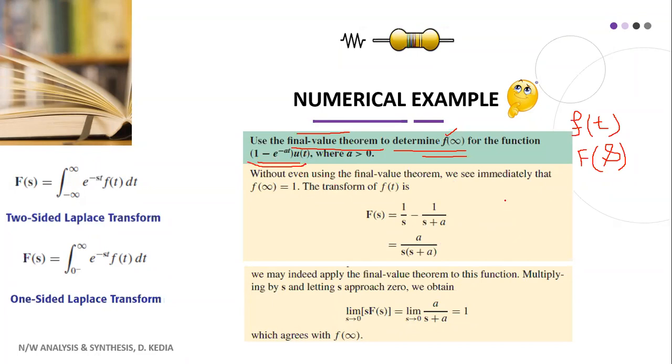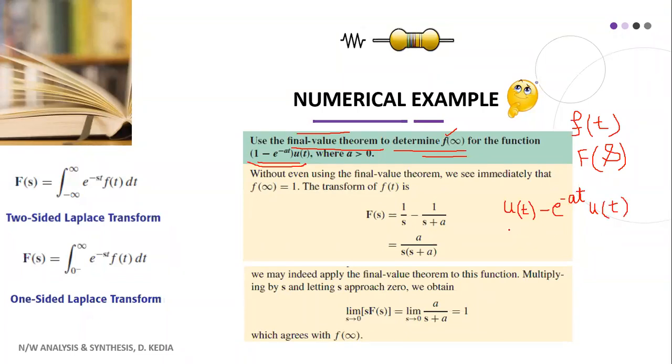If you open up the bracket, you get u(t) minus e raised to power minus at multiplied with u(t). So if you open up the braces, you get this one.